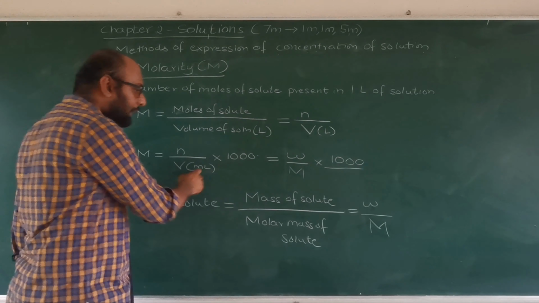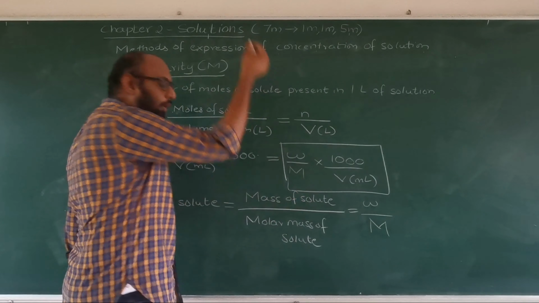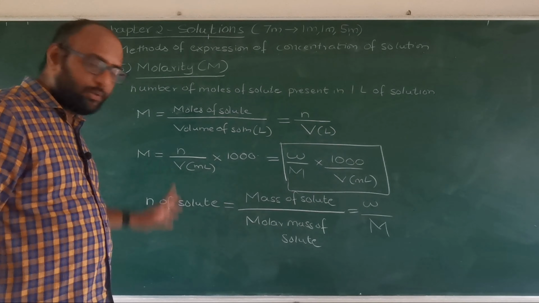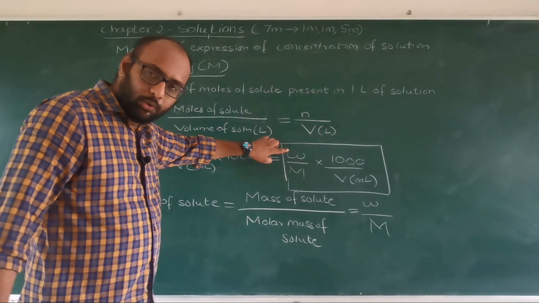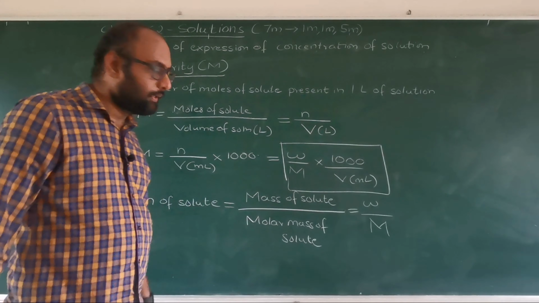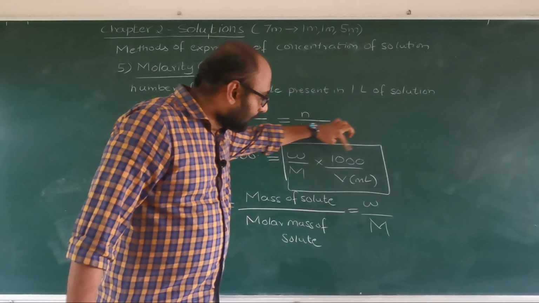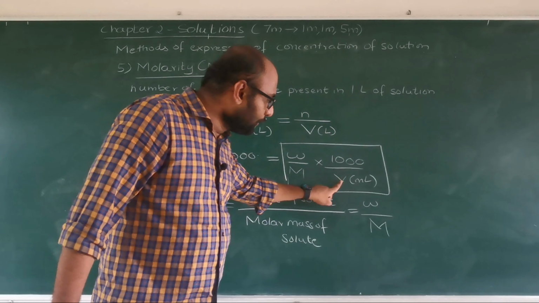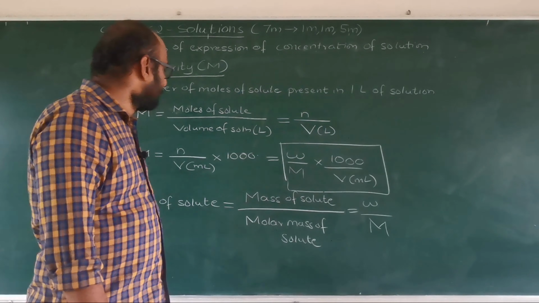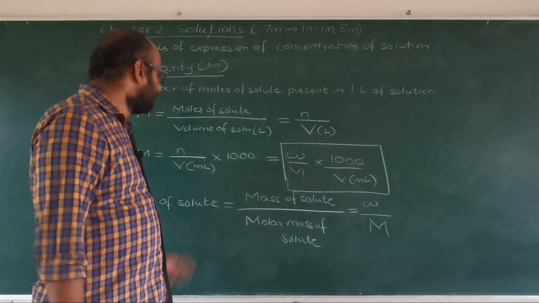Now this is the final formula for the calculation of molarity. Molarity is equal to mass of the solute divided by molar mass of the solute, multiplied by 1000, divided by volume of the solution in ml. Okay, so this is how you have to use this formula for the calculation of molarity.